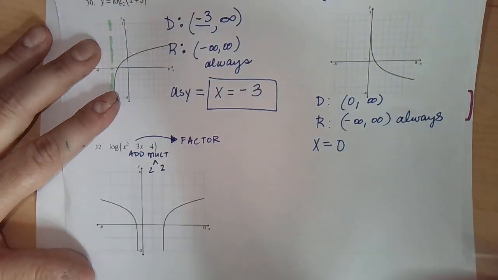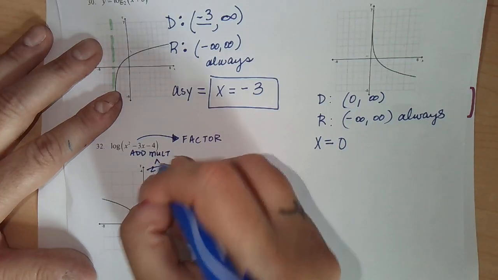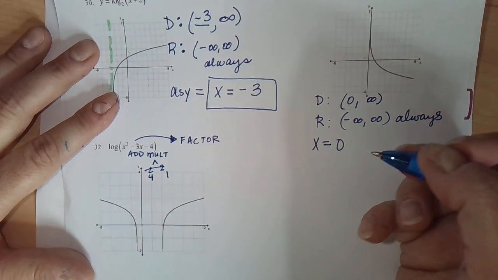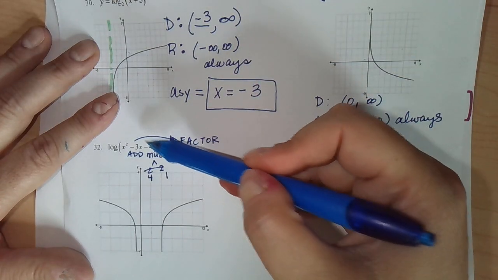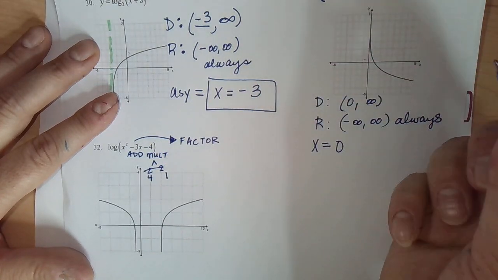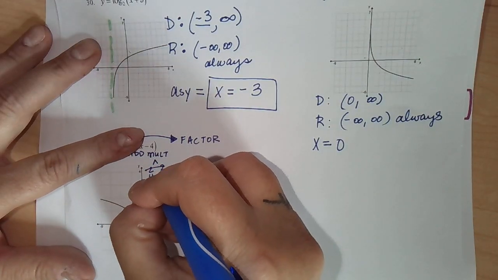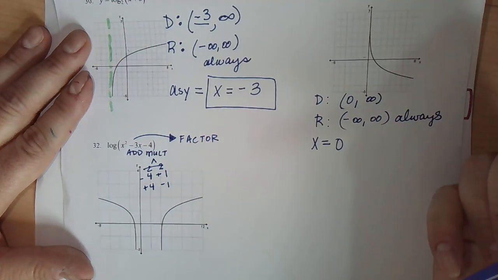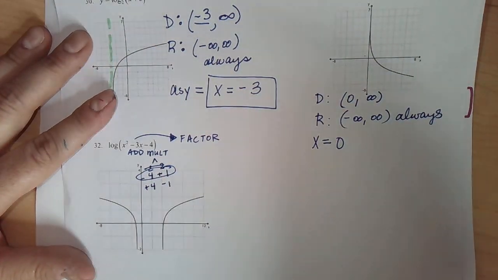Okay, and we break up the negative 4. What numbers multiply to negative 4? 2 and 2, but will that ever add up to a 3? No. Okay, so how about 4 and 1? To multiply up to a negative 4, we either have to be negative 4 and positive 1, or positive 4 and negative 1. Which one of these is going to add to negative 3? This one.